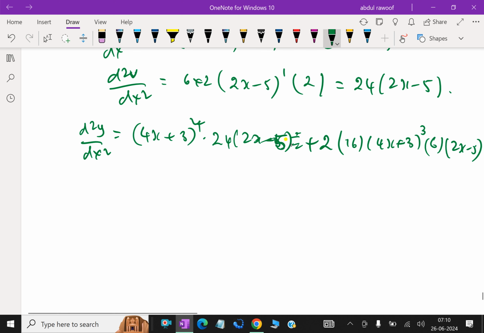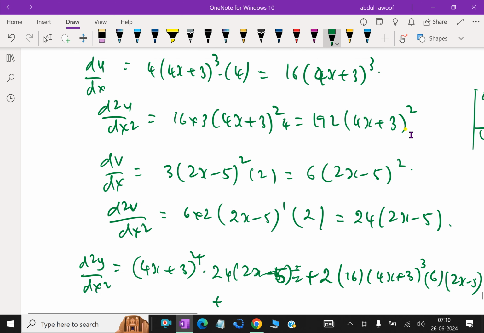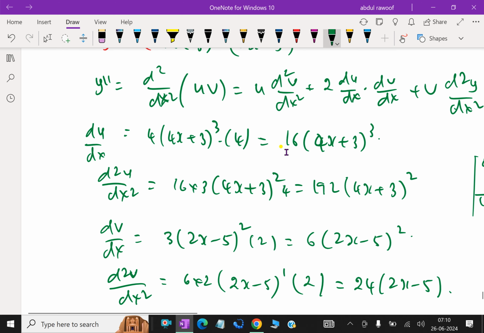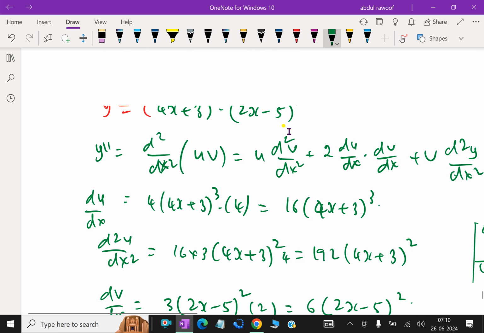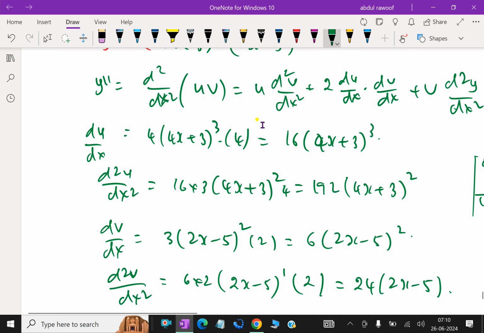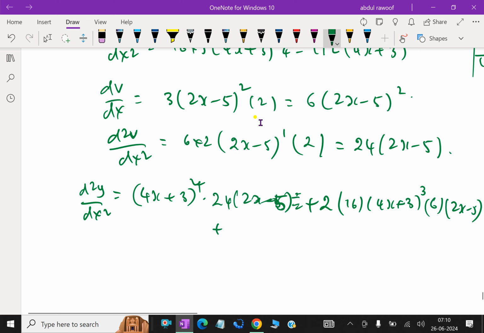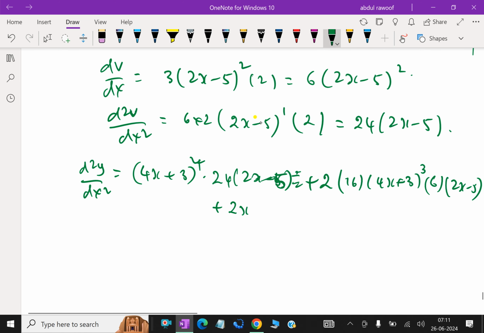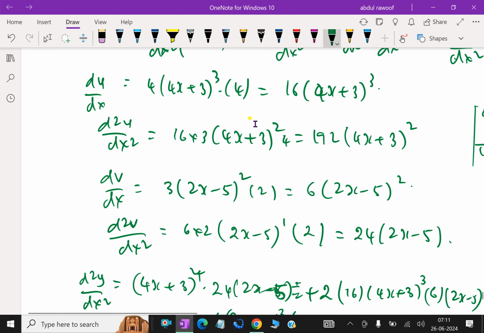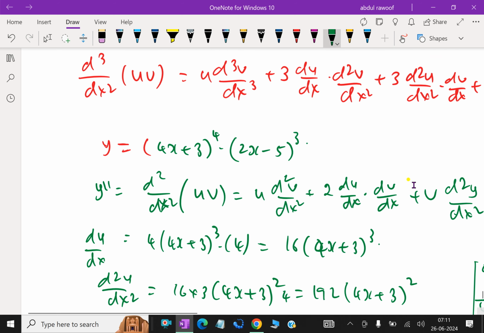Then plus the last term, v d square u by dx square. V is 2x minus 5 whole cube, that is v into d square u by dx square.